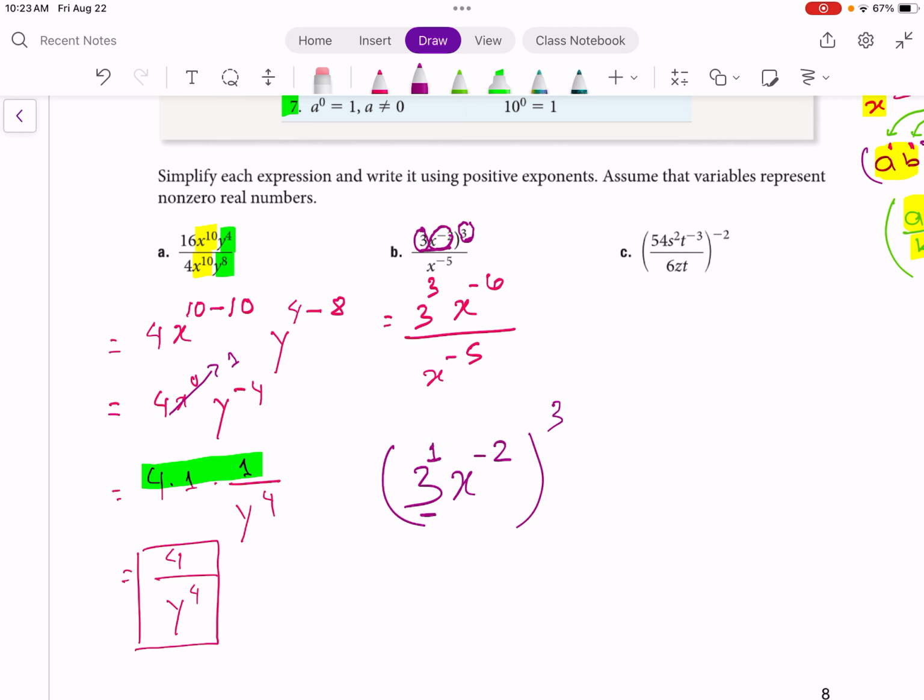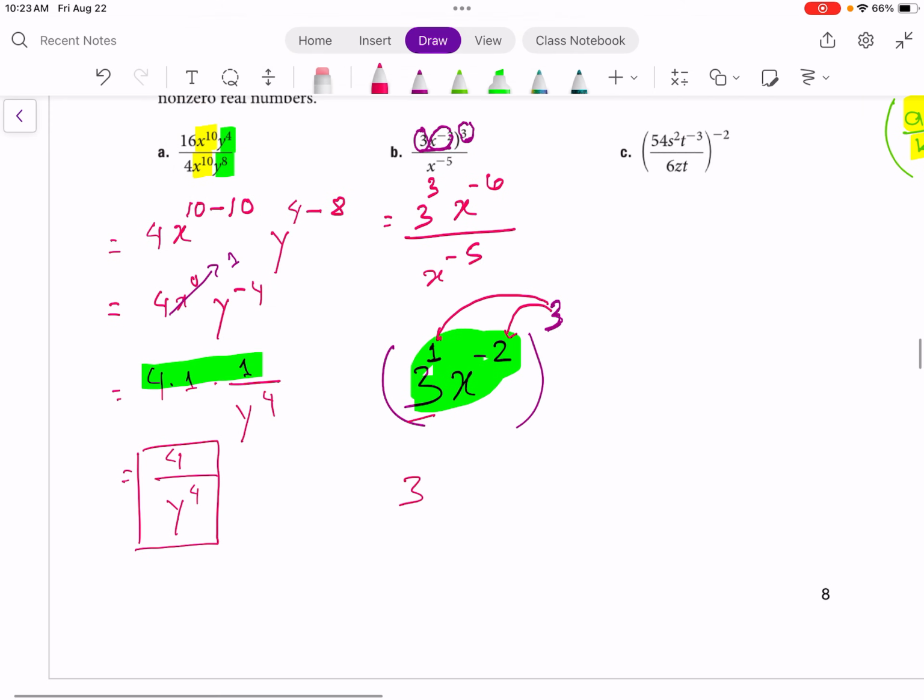So we have 1 here, and this 3 is the exponent for every term inside the parenthesis. You distribute this 3 to the first and to the next, multiplying the exponents. This is 3 to the power 1 times 3, and x to the power negative 2 times 3, negative 6.